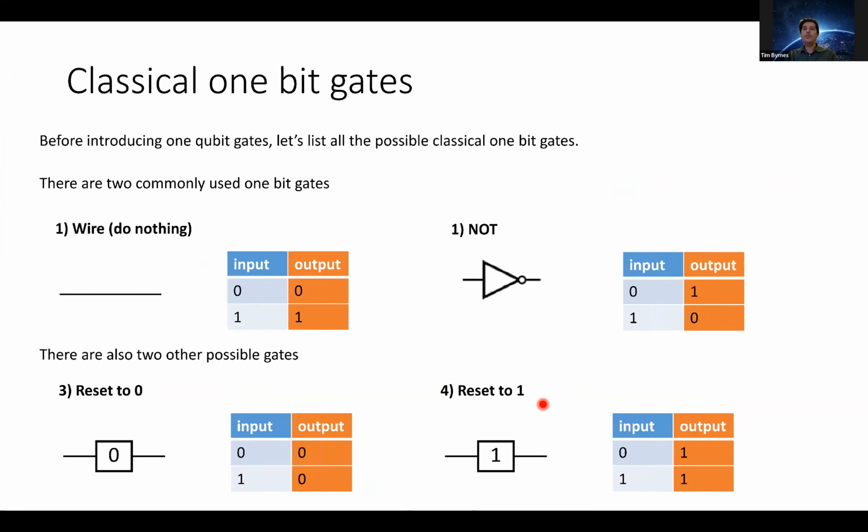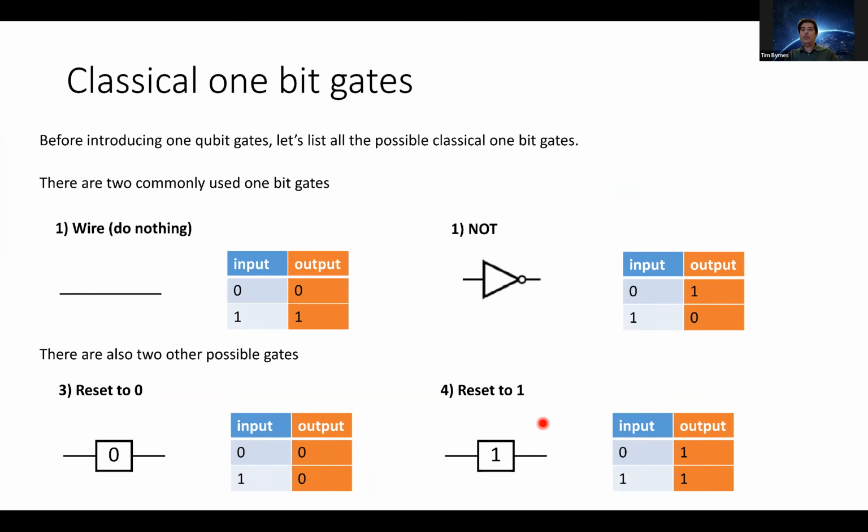The way that I'm approaching this is to first look at the classical case and then see if we can translate that to the quantum case, and then see what the differences are, and also what's allowed and what's not allowed.